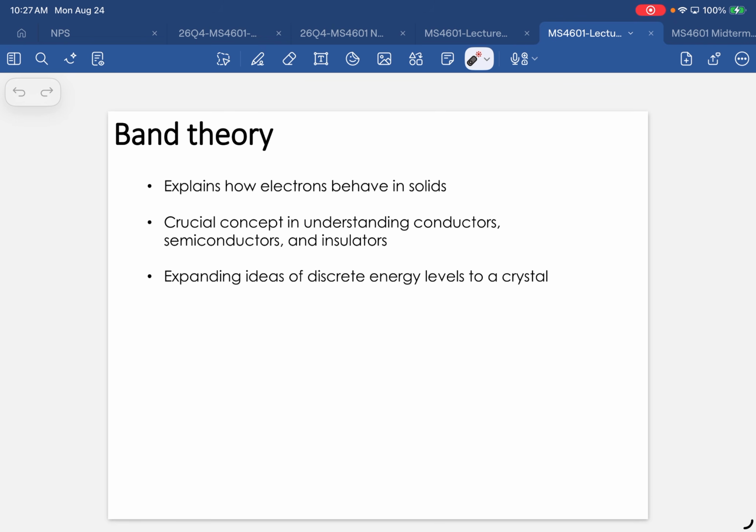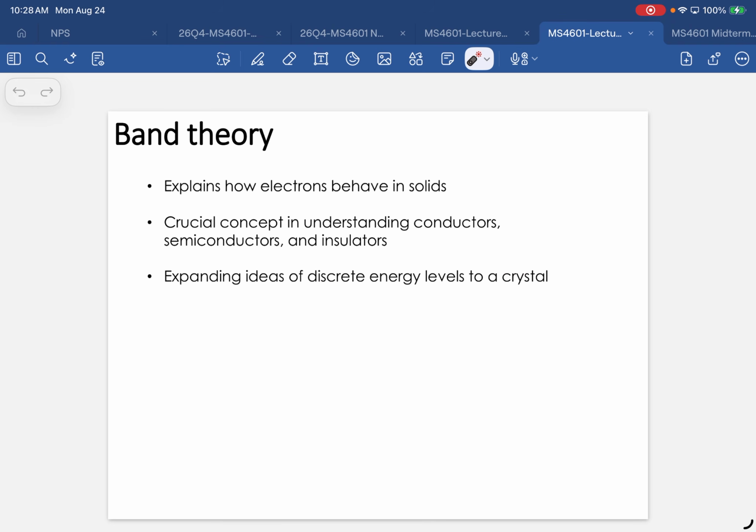So we will try to understand how electrons behave in solids. This is a crucial concept because we can understand conductor, semiconductor, and insulator behavior with band theory, and it expands the ideas of discrete energy levels to crystals.